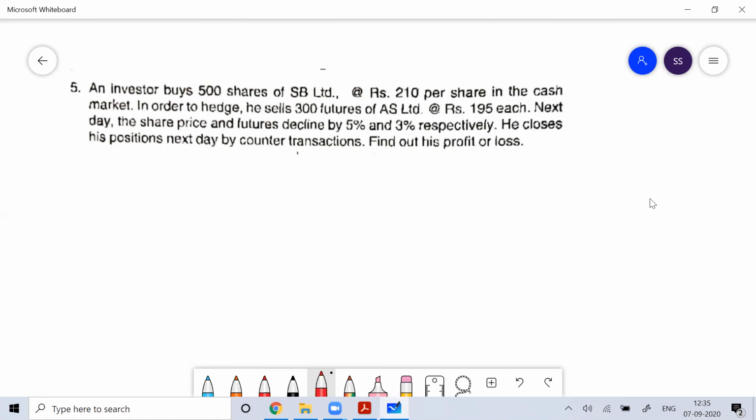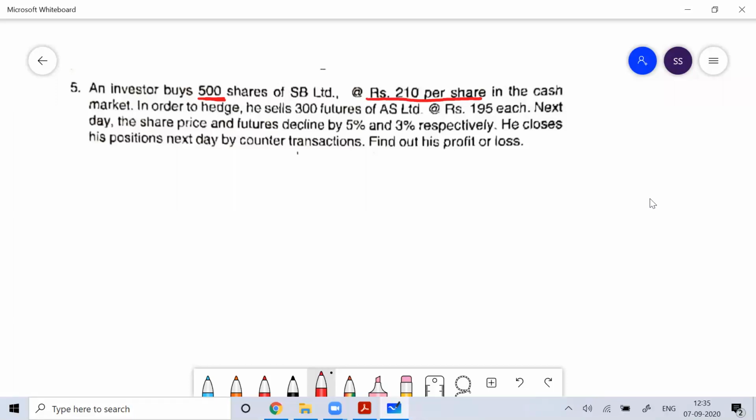Now you can see this question. An investor buys 500 shares of SB Limited at 210 rupees per share in the cash market, and then he hedges. This is the process of hedging, you are understanding.